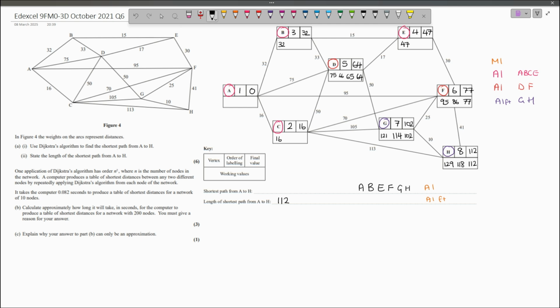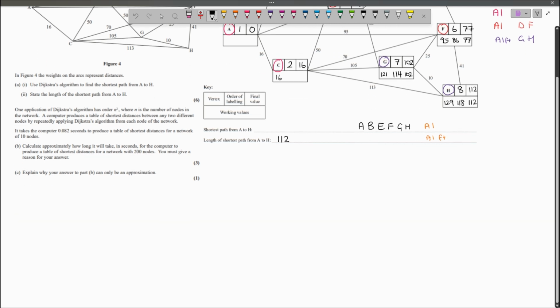It takes the computer 0.082 seconds to produce a table of shortest distances for a network of 10 nodes. Calculate approximately how long it will take for a computer to produce a table of shortest distances for a network of 200 nodes. You must give a reason for your answer.